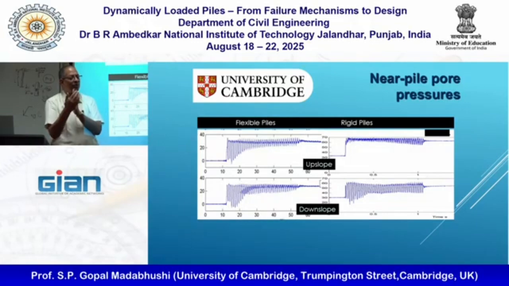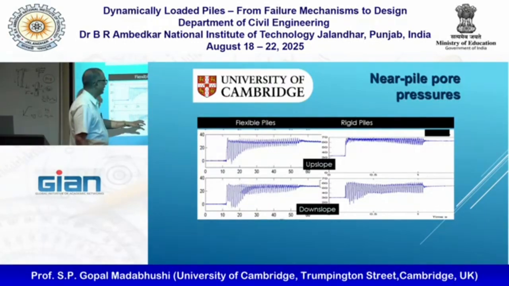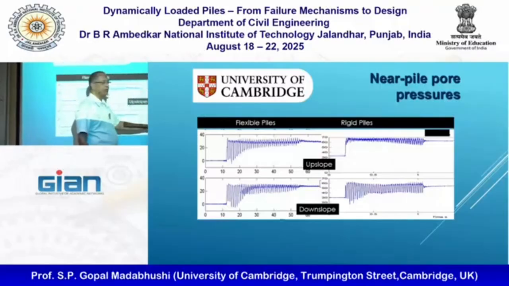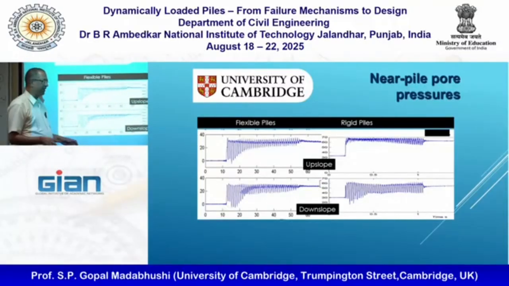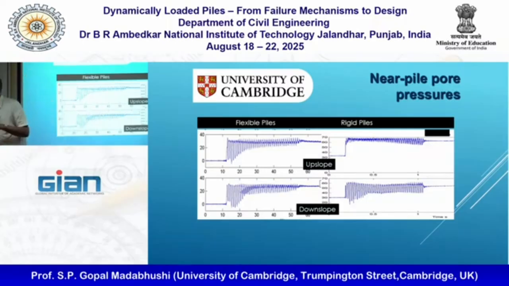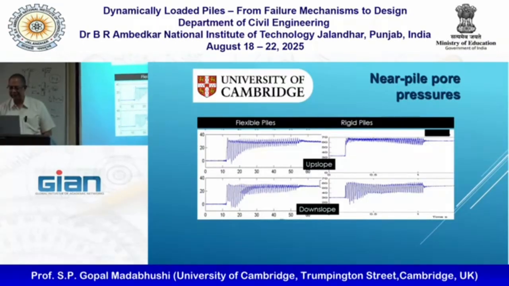So this bit is always free to go where it wants to go, right? This is why even for a rigid pile, downslope, I'm getting all the oscillations. Upslope obviously will be similar, but downslope also, even if the pile is rigid, it will move. So that is the reason why these are measured like that.